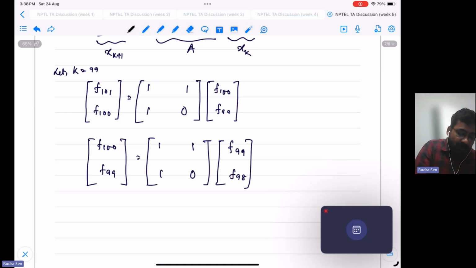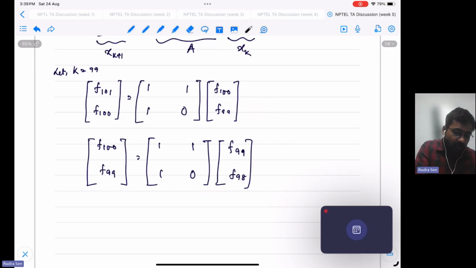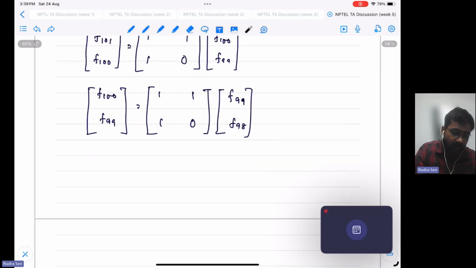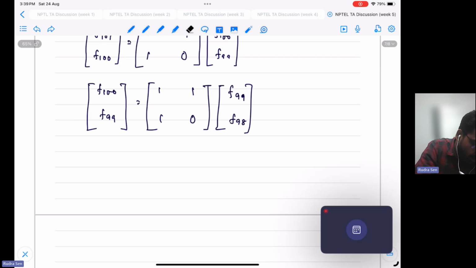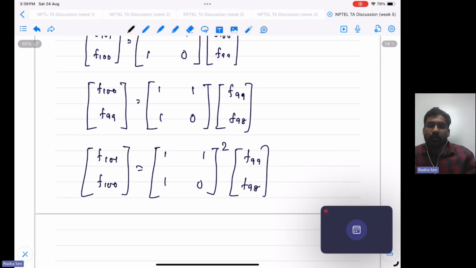If we put this whole term over here instead of f100, f99, we get f101, f100 equals [1 1; 1 0] squared times f99, f98, right?